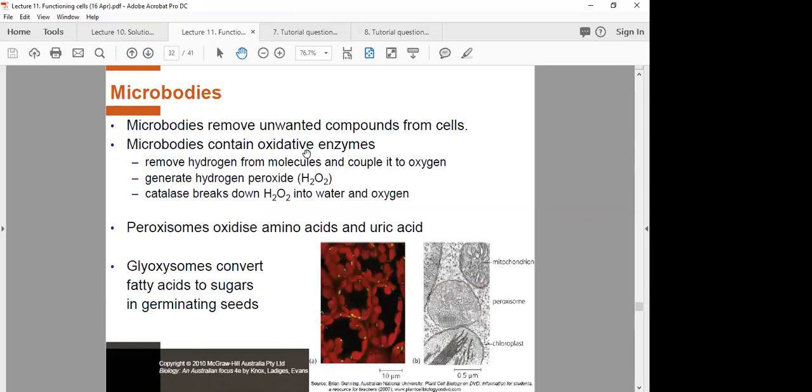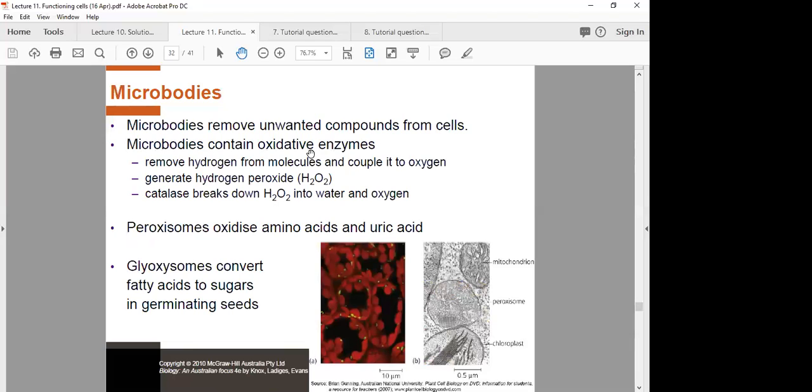So that's a main difference between microbodies and lysosomes. Remember, lysosomes enjoy that very low pH, and hence the requirement often to compartmentalise these functions within the cell because of the different requirements.